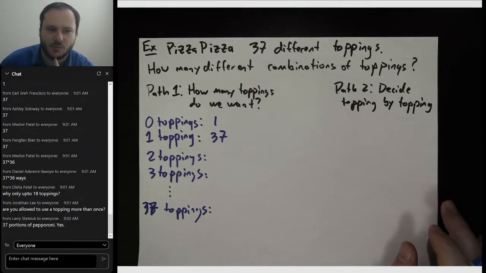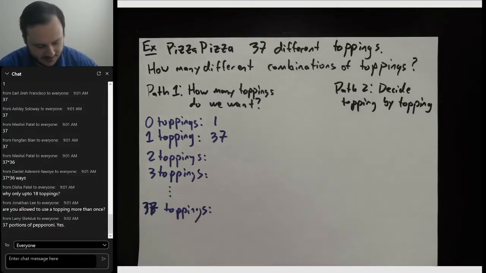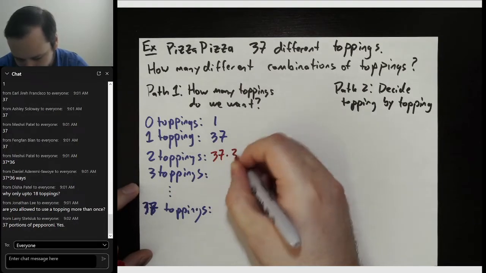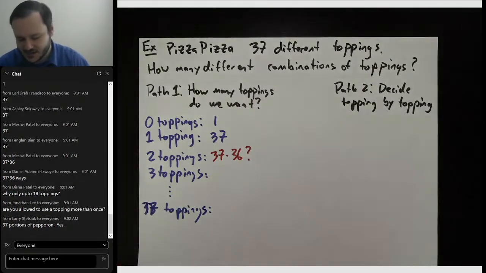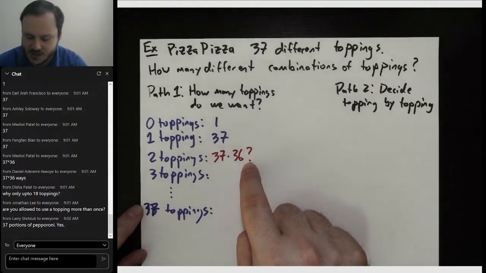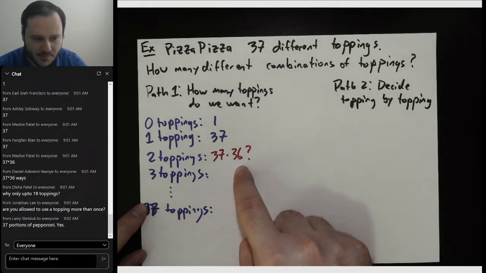But there's actually a problem with 37 times 36. And it's subtle. The subtle problem with 37 times 36 is if I'm following this process, I can accidentally count the same pizza twice. And because I want to make half of you upset, 37 times 36 means first I pick pineapple, then I pick ham.